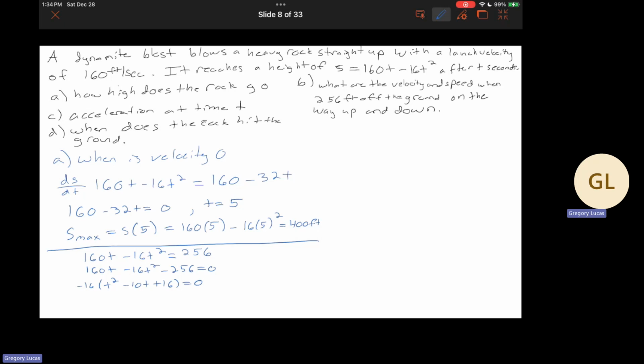We should be able to factor that one. I'll let you factor it or plug it into the quadratic formula on your own, but we should get two solutions of 2 and 8.